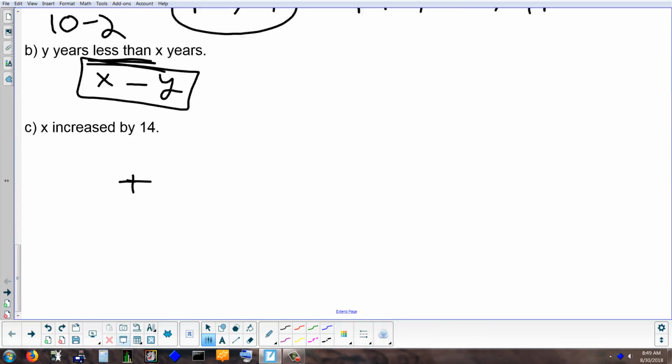X plus 14. Perfect. Is there another way that Mr. Hager could write it? Anybody think? Savannah? 14 plus x. Yeah. It works either way. Okay, so any questions on the front page? Okay.